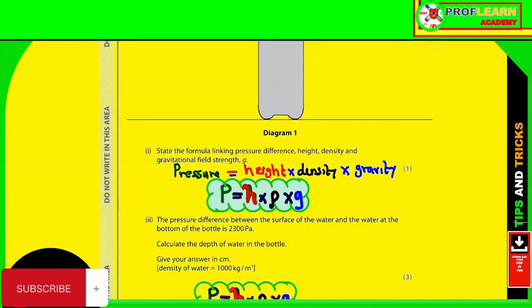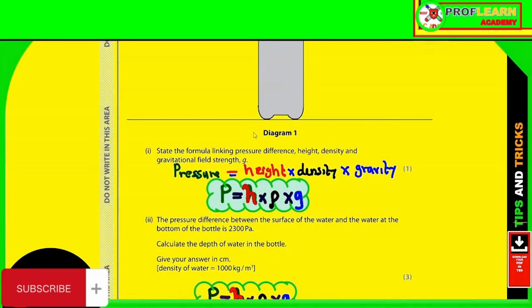Now, you are told here the pressure difference between the surface of the water and the water at the bottom of the bottle is 2,300 pascals. Work out the depth of water in the bottle, and we were given the density as 1,000 kilogram per meter cubed.